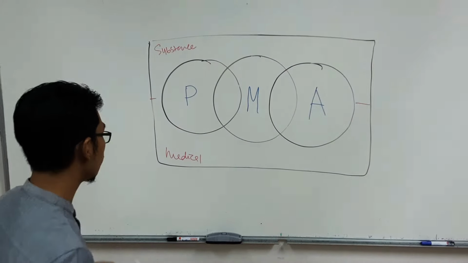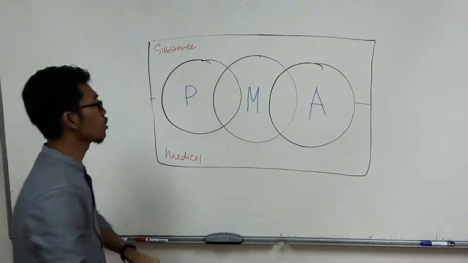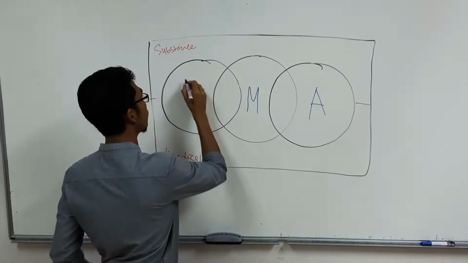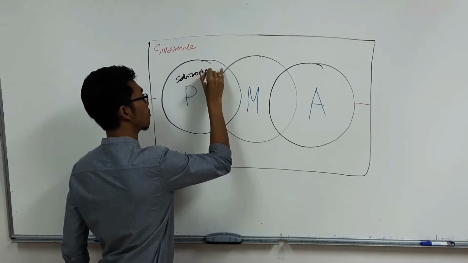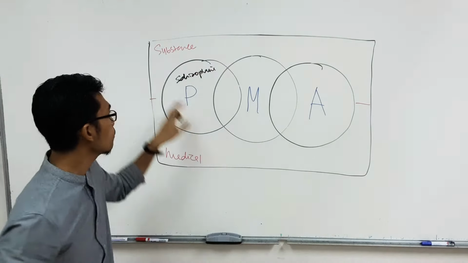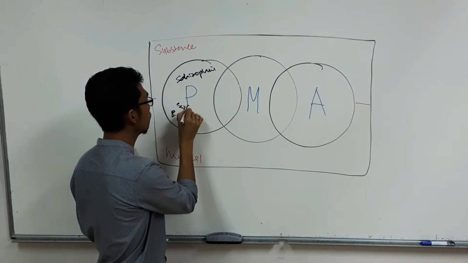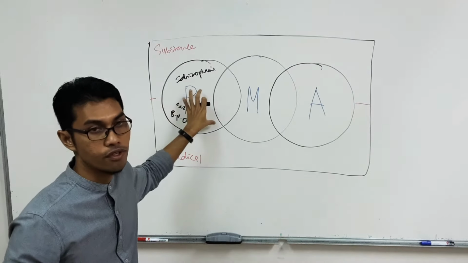Now let's have a look. For psychosis, you have a few diagnoses. For example, schizophrenia, brief psychotic disorder, and schizophreniform. These are the diagnoses that fall under psychosis.